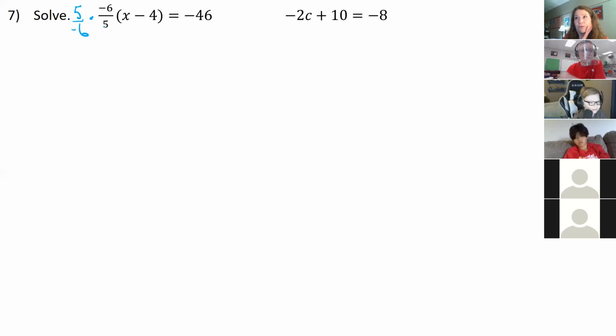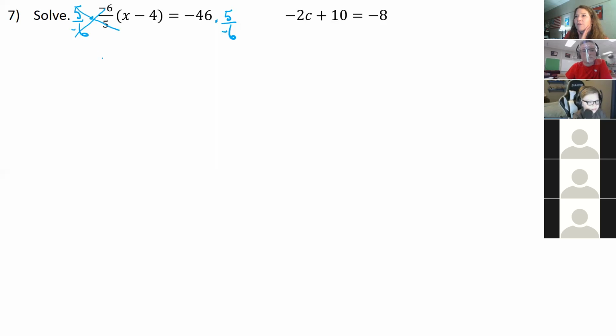Or you could distribute it to x and distribute it to -4. But if you are going to cancel it out by multiplying by the reciprocal, just remember you have to do that to the other side of the equal sign as well. Everybody with me? You understand? Makes sense? Okay, perfect.